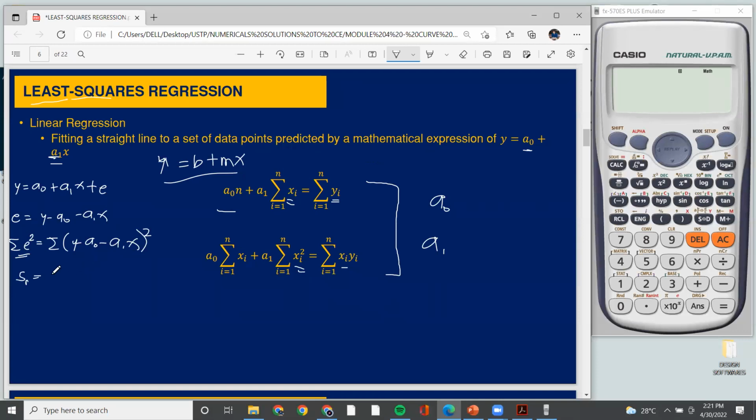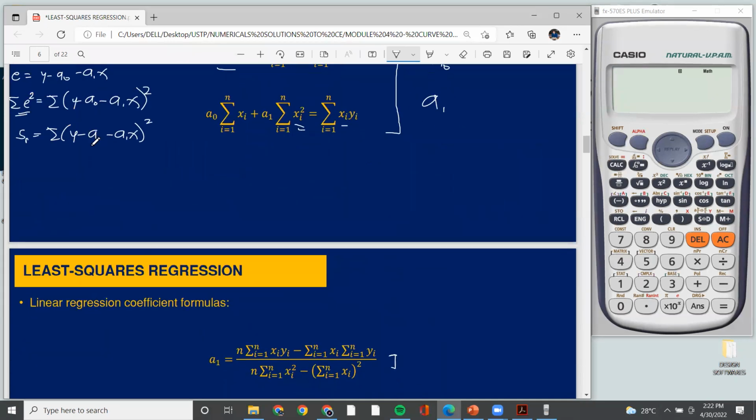Residual error is equivalent to the summation of y minus a sub 0 minus a sub 1 x, squared. Okay? And then after that, get the partial derivative with respect to the coefficients. And ang atong coefficients diri, we have the a sub 0 and the a sub 1.